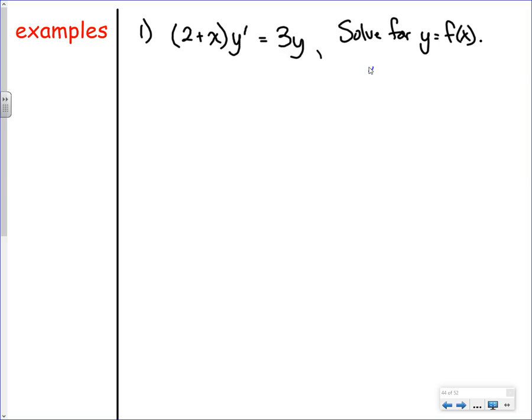What would my advice be for where to start? Change y prime to dy dx. Things with y's are allowed to be with y prime.